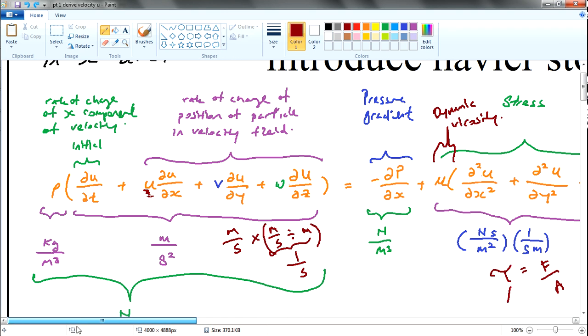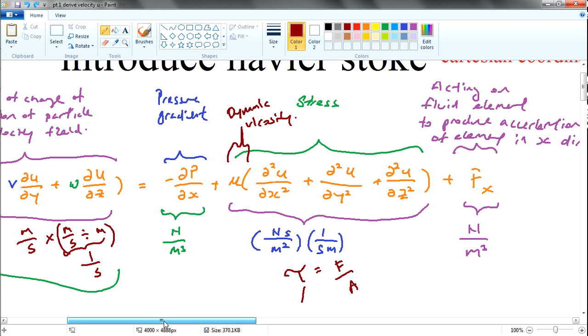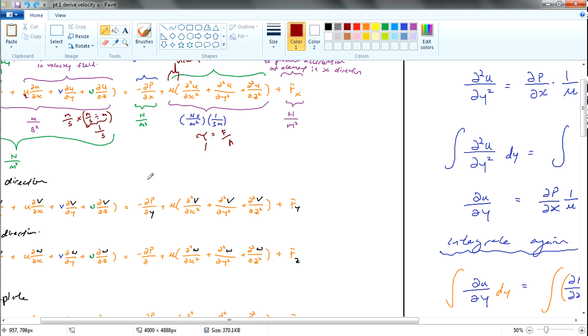This describes the acceleration needed to accelerate the particle, and it equals, so to redefine this equation, it can also be redefined as the pressure gradient multiplied by the amount of stress within the fluid, plus certain forces, maybe some external forces pushing it, accelerating it. So this is just a very brief concept of the Navier-Stokes equation.